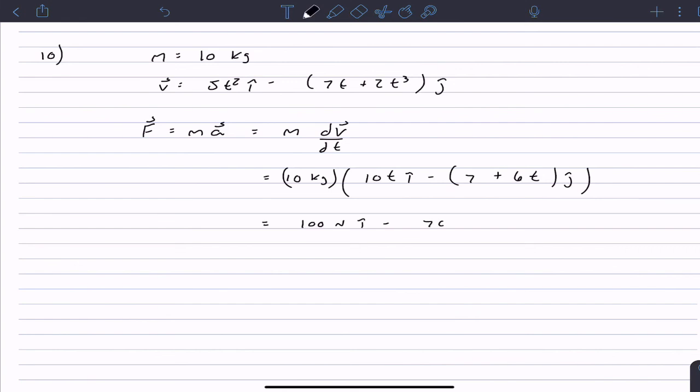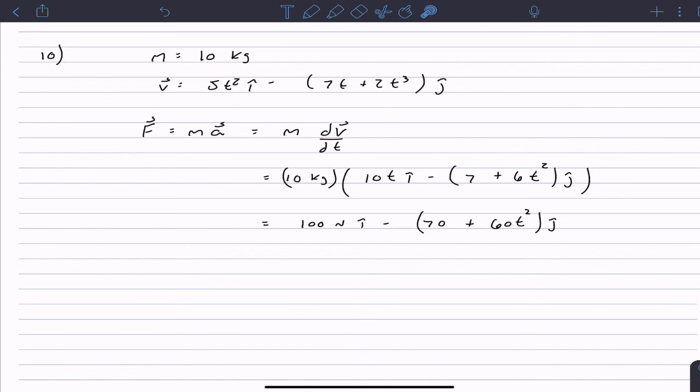Then we have minus, let's just say 70 plus 60 times t squared. It's still a function of time in the j hat direction. Oops, I forgot to write down squared here. It's my fault. So this was cubed. So just to point out what I forgot to write down.